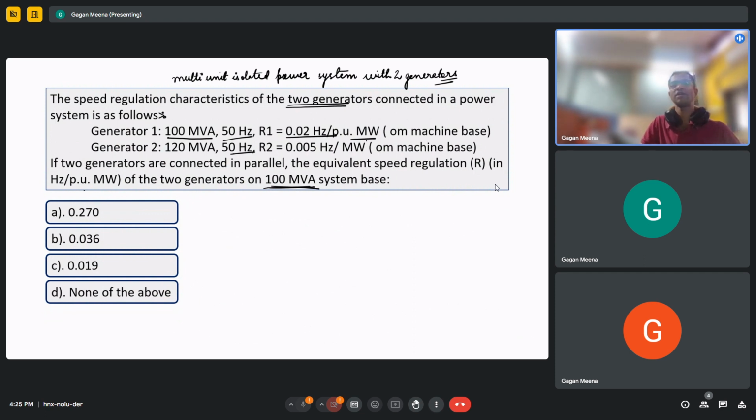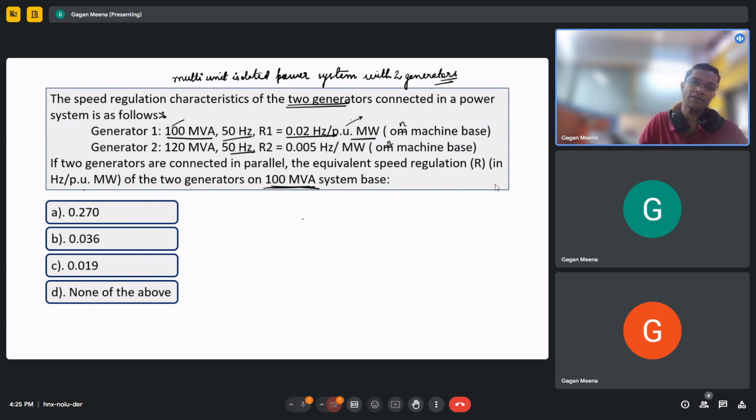Either first convert it into actual value, then find the overall actual value, and then convert that into per unit, or you convert each into per unit value and then find the overall per unit value. Whichever way you want, you can do it. Both are based on machine base, and the machine base of this one is the same as the system base, but for generator 2 the machine base is different.